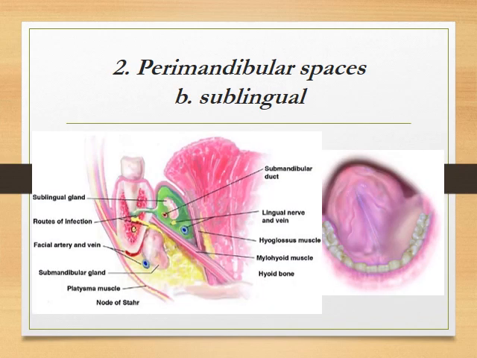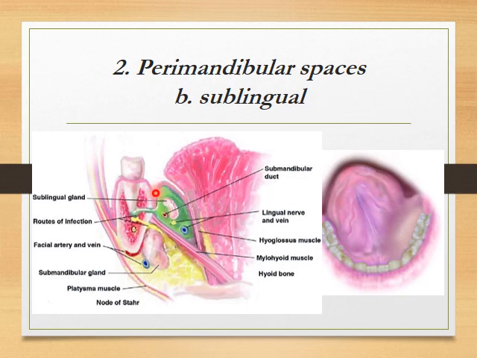Another perimandibular space is the sublingual space. This is the sublingual space, colored green, and this is the submandibular space, colored yellow.